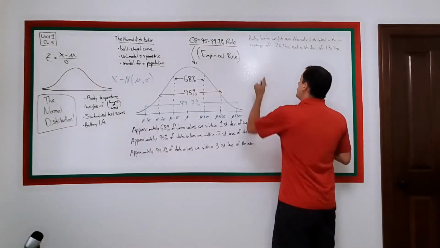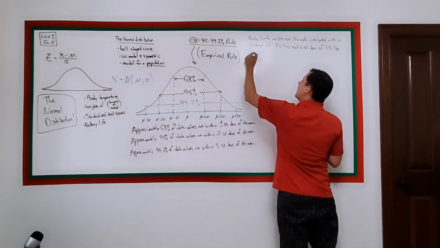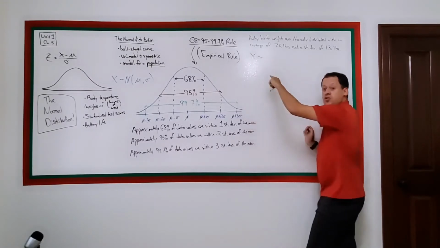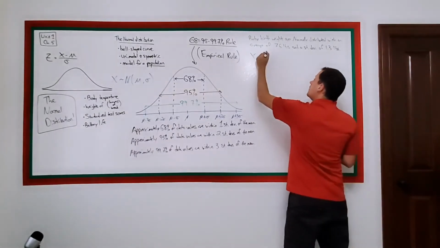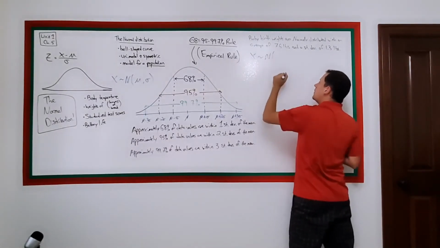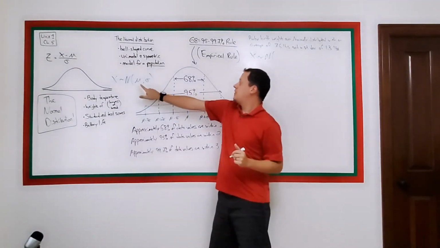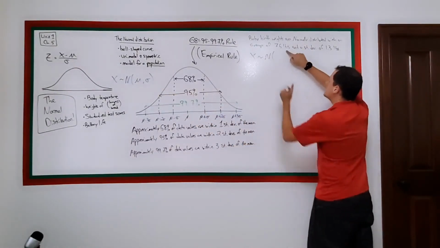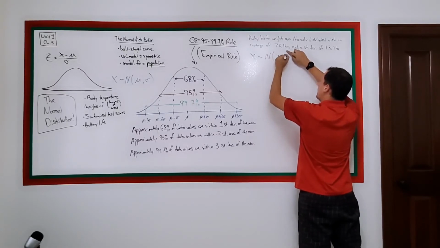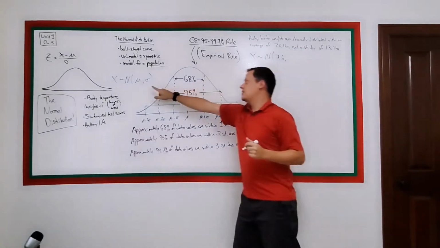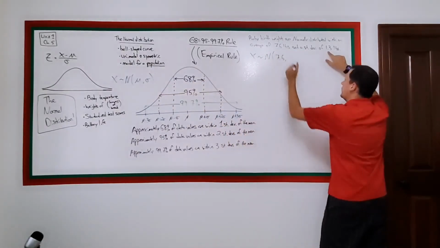We can tell from the information here that X, which is the birth weight of the babies, follows a normal distribution with a mean of 7.6 and a standard deviation of 1.3.